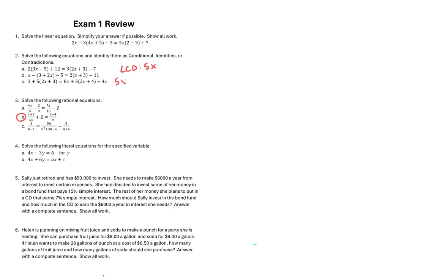So I'll write 5x times x plus 3 over 5x plus 5x times 2 equals 5x times x minus 4 over x. So my whole equation is being multiplied by 5x.